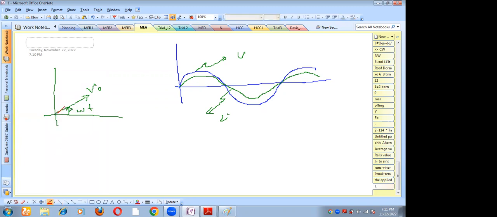The value will be a little less, but the same phase with the voltage.